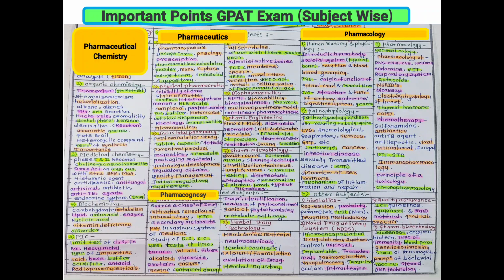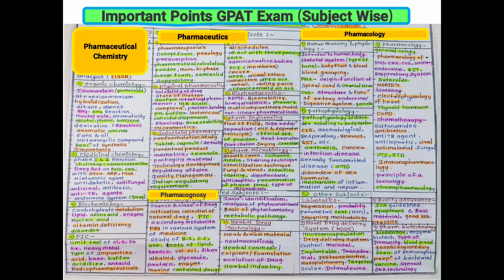Pharmacology is a branch of science that deals with the study of drugs obtained from plant sources, animal sources, mineral sources, synthetic sources, semi-synthetic sources, as well as biotechnological sources. So second year pharmacology is a very important subject for daily life, to know about the drug actions, as well as from a GPAT point of view or any competitive examinations you have to prepare.